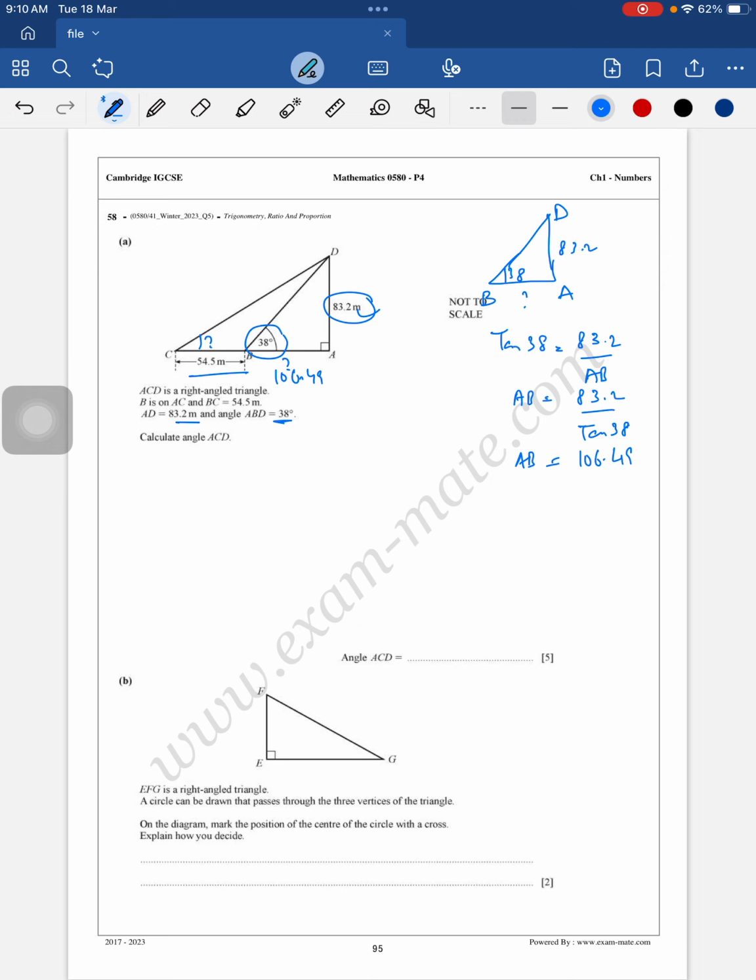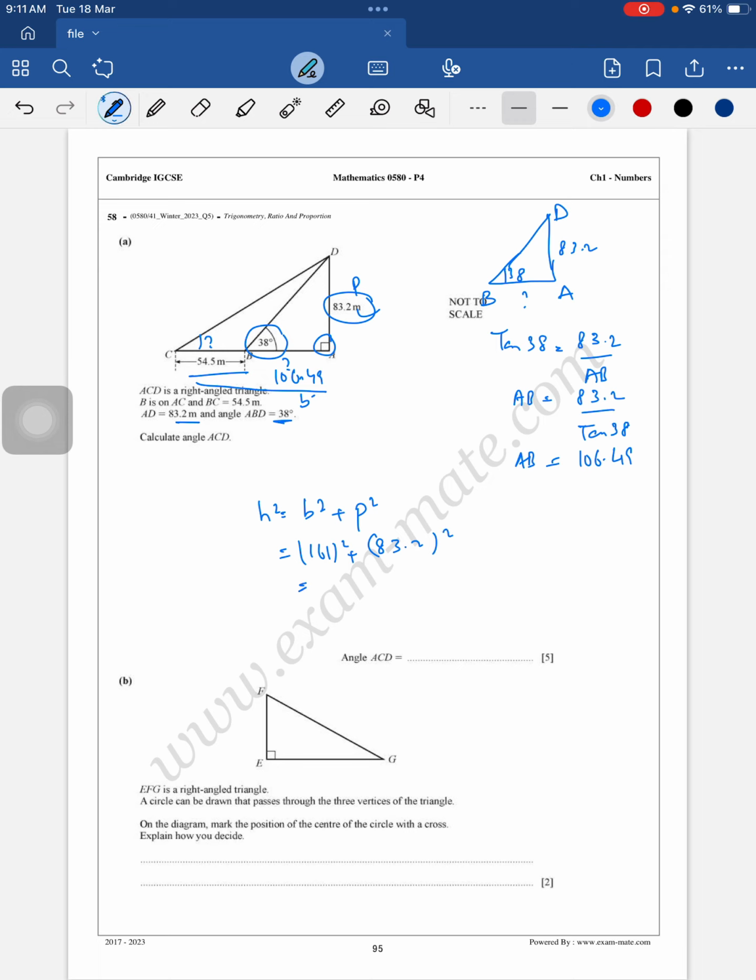So applying the formula, this is basically a right angle triangle. We have base, we have perpendicular. So hypotenuse square is equal to base square plus perpendicular square using the Pythagoras theorem. So we have base as 106.49 plus 54.5, that is 161 basically, and perpendicular is 83.2, right?